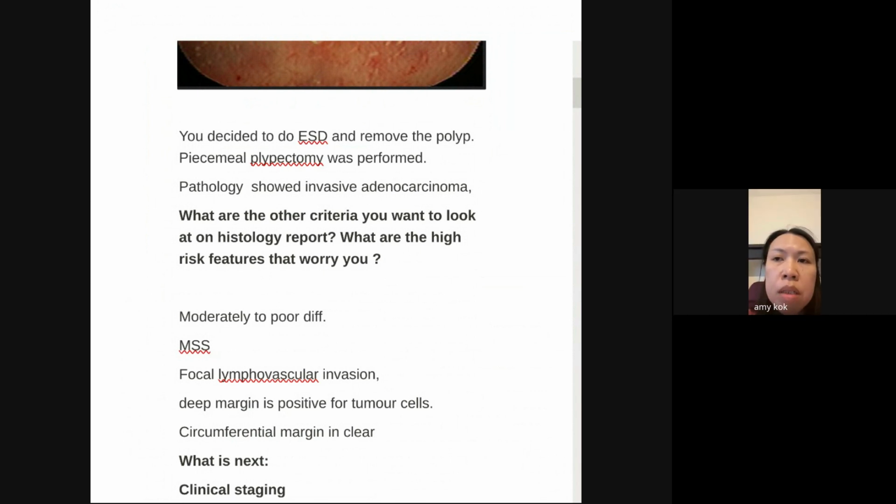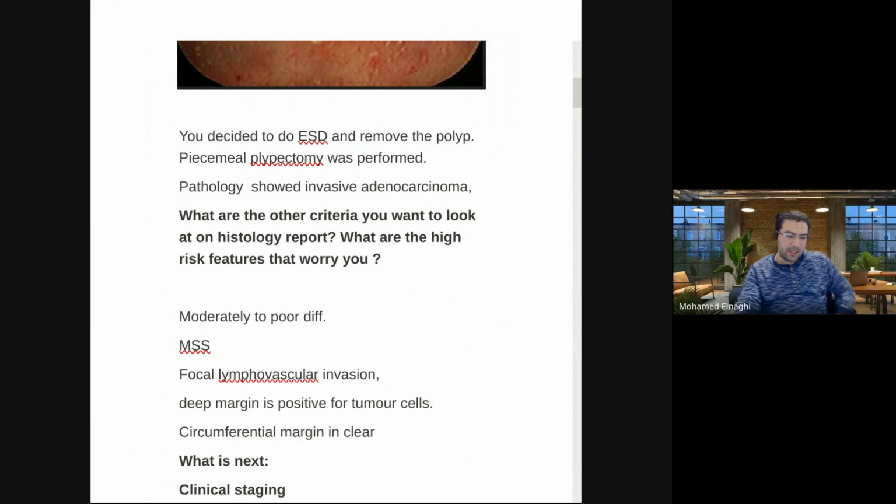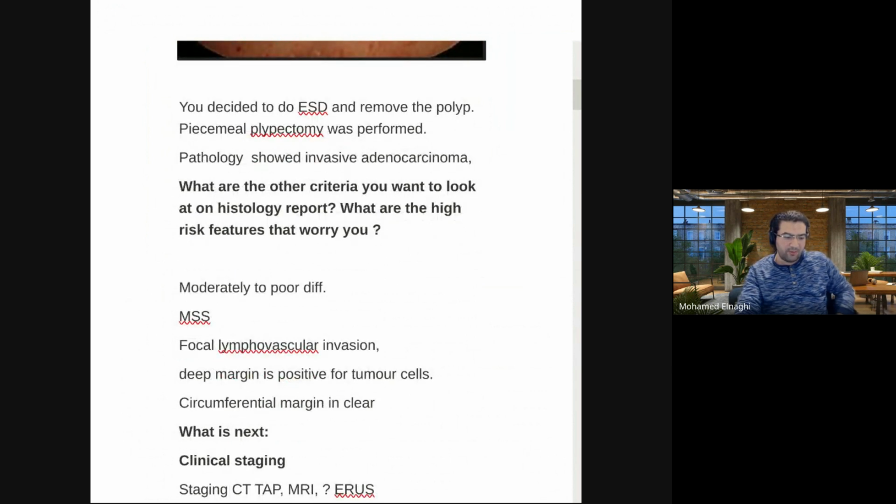I will take bloods, including tumor markers, and also basic bloods like hemoglobin level, liver and renal function tests, staging CT chest, abdomen, and pelvis with contrast, MRI pelvis. And I will also discuss this patient with the pathology report in the MDT as well. Yeah, excellent. So you did a CT scan chest, abdomen, pelvis, which is normal, no metastasis. You did MRI rectum, not MRI pelvis.